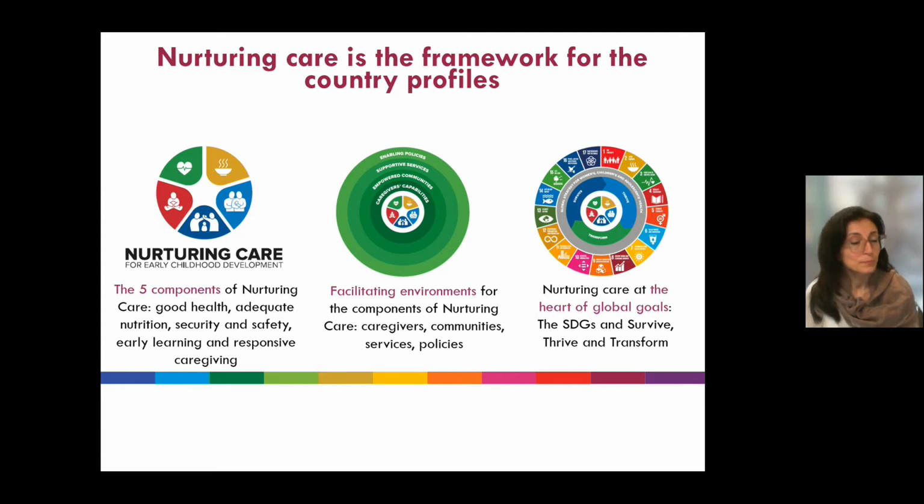They have been developed by using the nurturing care framework as the underpinning conceptual and monitoring framework that has been guiding the selection of the indicators and the data that are presented in this profile. As you know, the nurturing care framework includes 5 important components: good health, adequate nutrition, security and safety, early learning, and responsive caregiving.